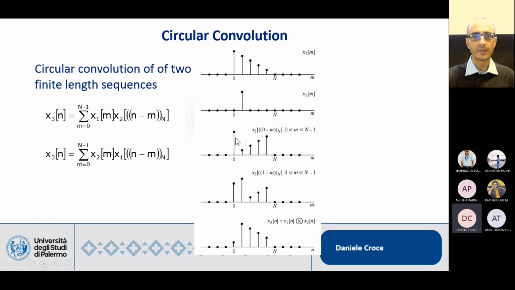Be careful always to the element in 0 that does not change, and then you move by 1, and then you go on and so forth. And then the result of the circular convolution is this one here. This is the result of the circular convolution, x3.